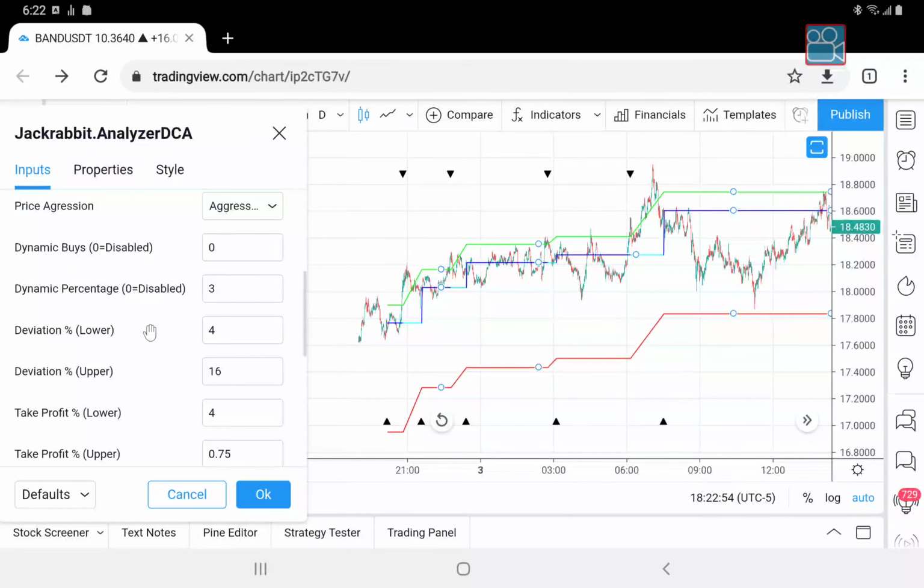Let's go higher. Let's see what happens if I set my take profit to 5%. Okay, it's still sustainable. Still sustainable.